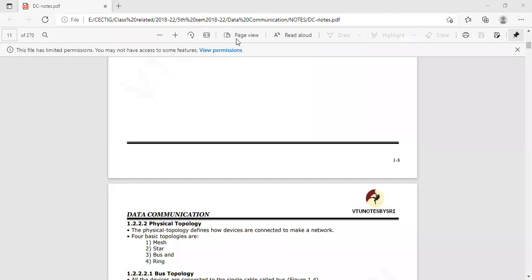34 students are present, so I think there should be 34 names in the chat box. 25 have written their names quickly, so I think they are attentive. They are in the class. But those who are not writing, I will consider not present, and I will not mark their attendance. Quickly, all of you write down your names in the chat box. And if anyone has any query, they can ask me so that I can clear the doubt.